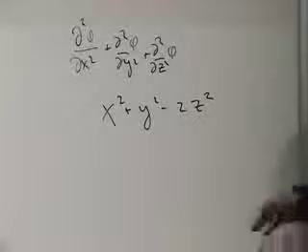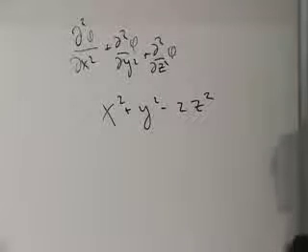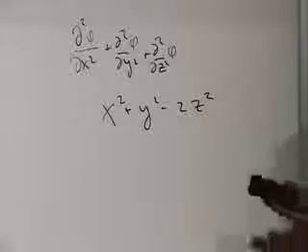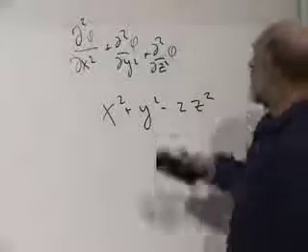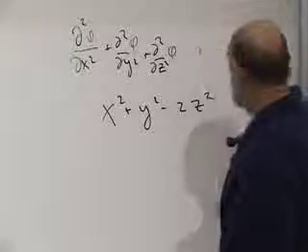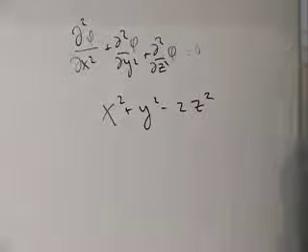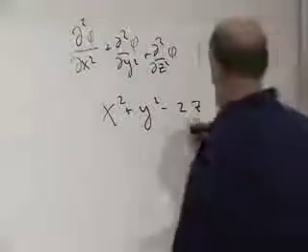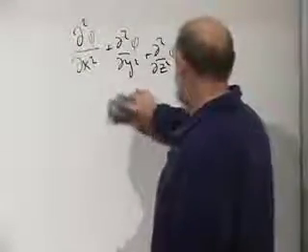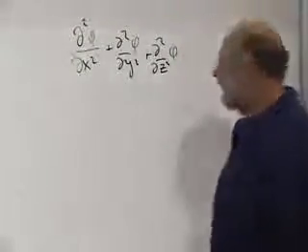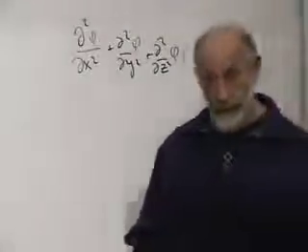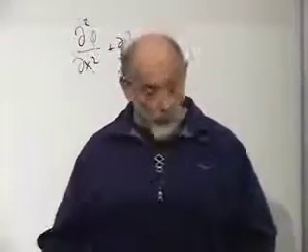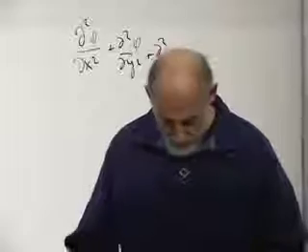So 2 plus 2 minus 4 is equal to 0. Functions with this property are called harmonic functions. There's no lack of harmonic functions, but there's still not as many as there are of all functions, so there are restrictions.